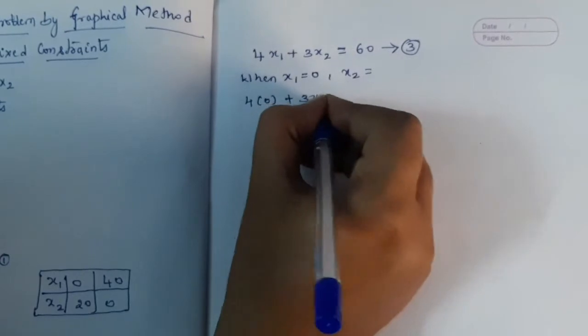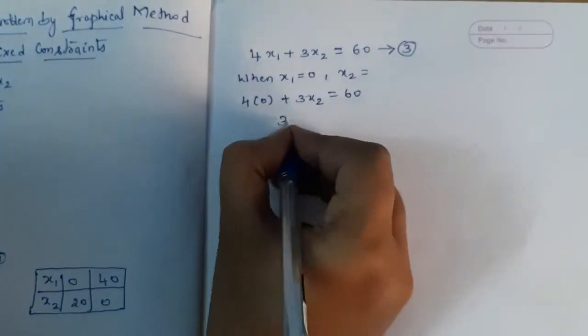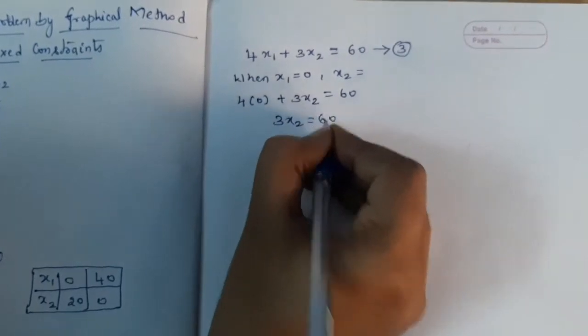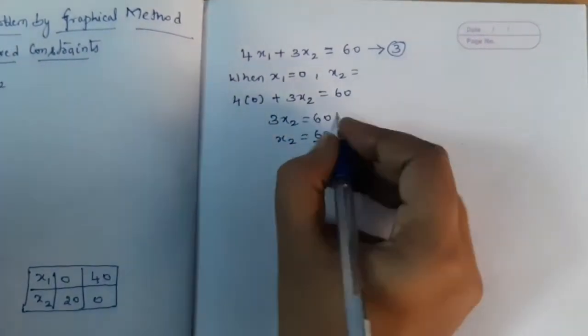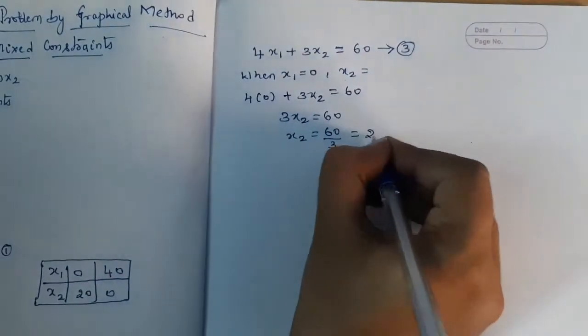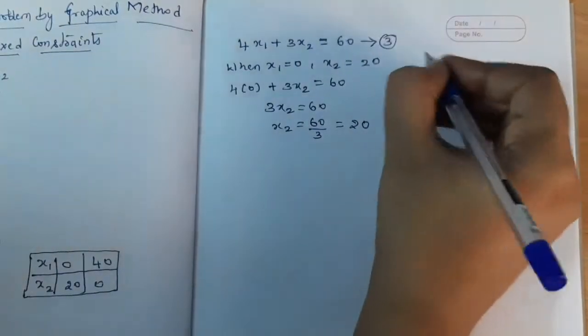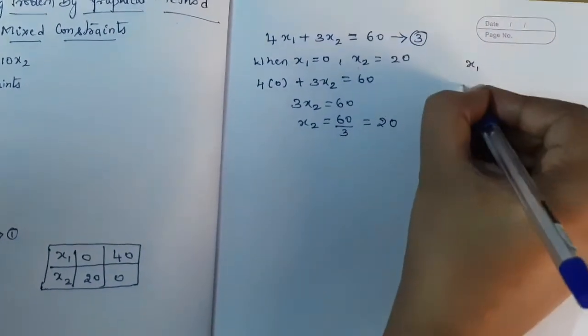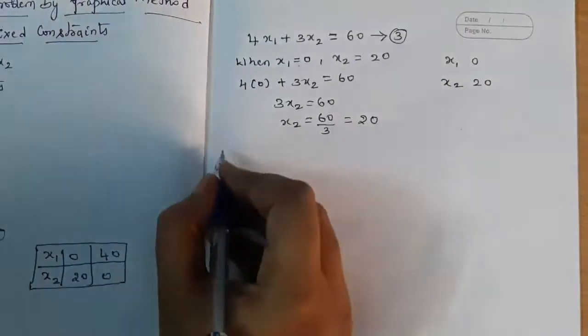So 3x2 remains same, that is equal to 60. So 3x2 is equal to 60, x2 is equal to 60 by 3. So you get 20 as your x2 value. So write down in the table x1, x2. So when x1 is 0, x2 we got 20.